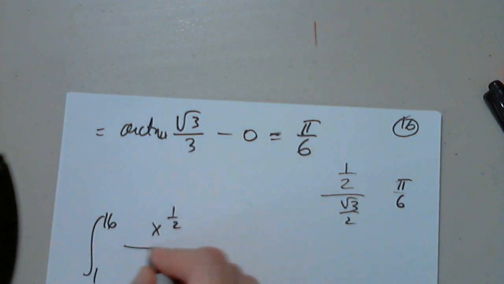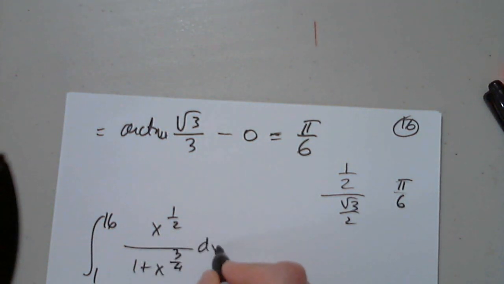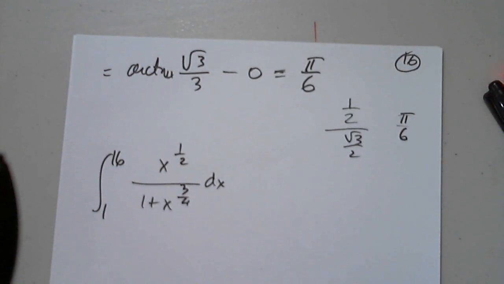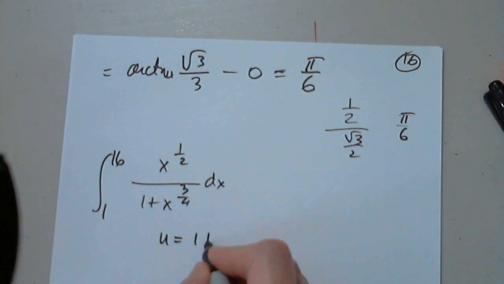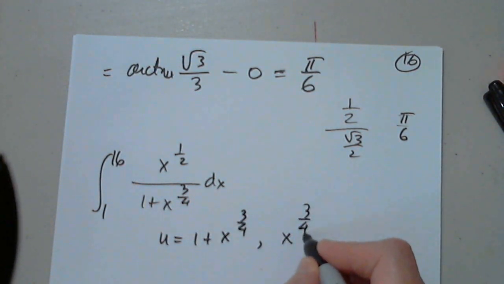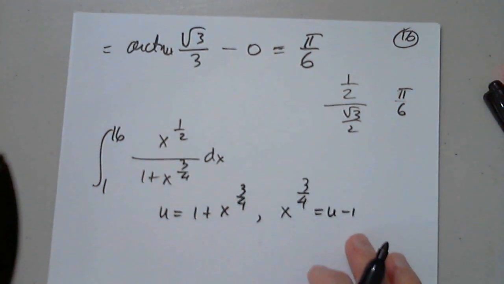So x to 1/2, 1 plus x to 3/4, and dx. The notation: we had u equals 1 plus x to 3/4, so x to 3/4 equals u minus 1.